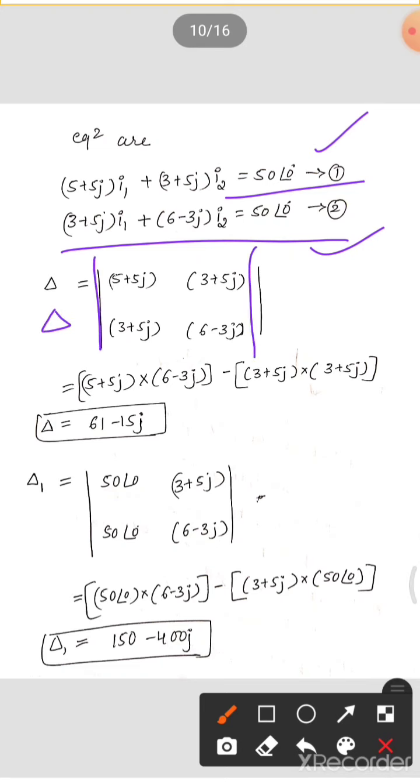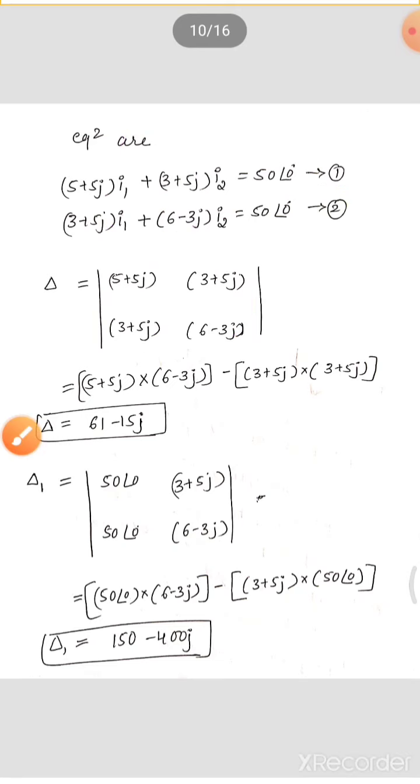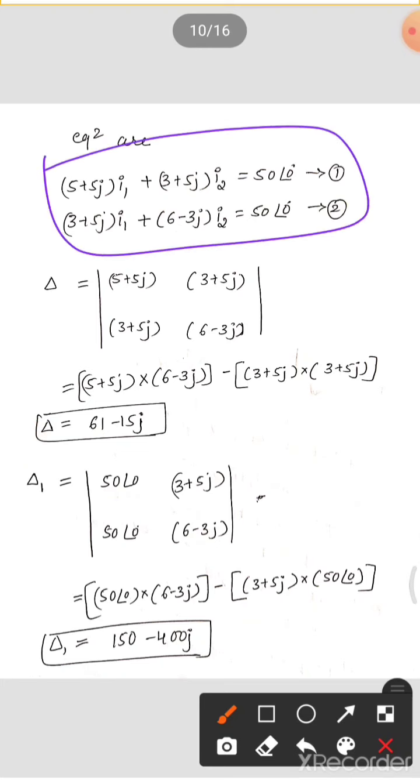Okay, determinant of your current matrix, that is 5 plus 5j, 3 plus 5j, 3 plus 5j and 6 minus 3j. Okay, take a matrix. You can write these two equations in matrix form, right?